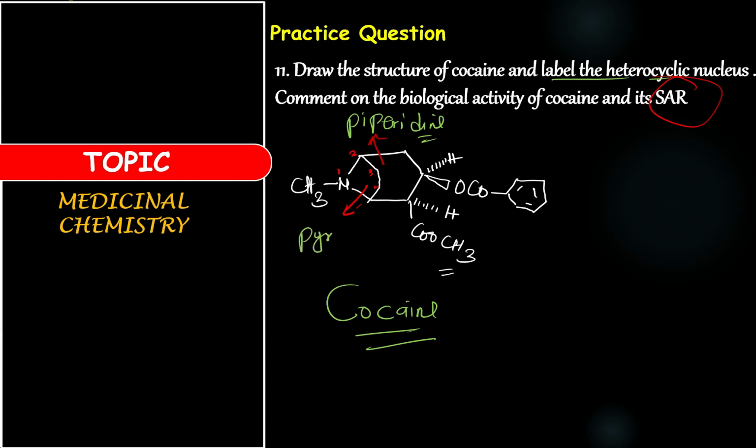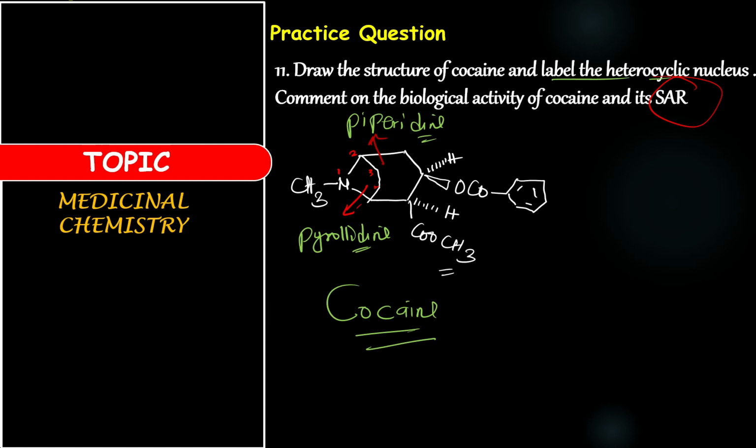It's actually a pyrrole ring, but it does not have the two double bonds that are present in pyrrole. So hence you call this a pyrrolidine ring. Is that okay? So these are the heterocyclic nuclei that are present in cocaine.